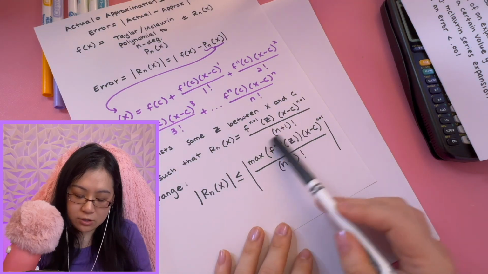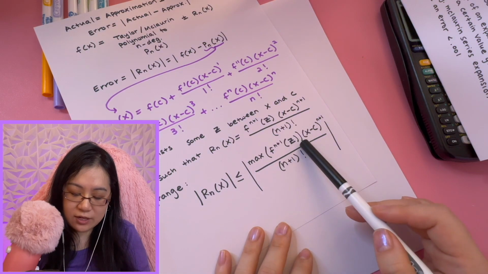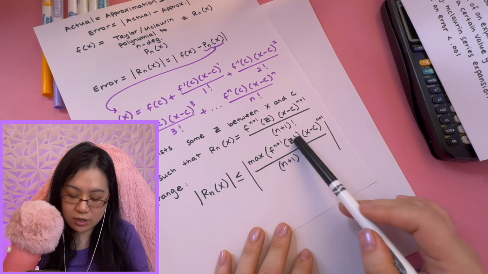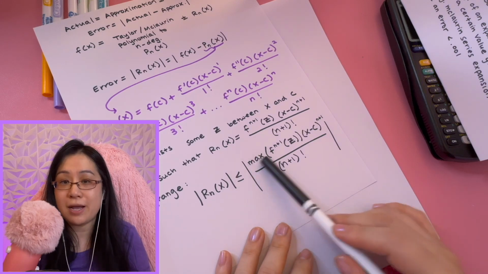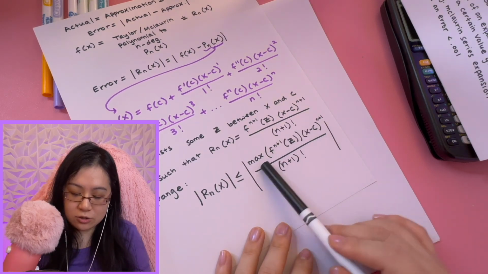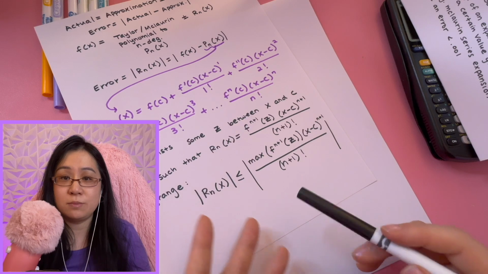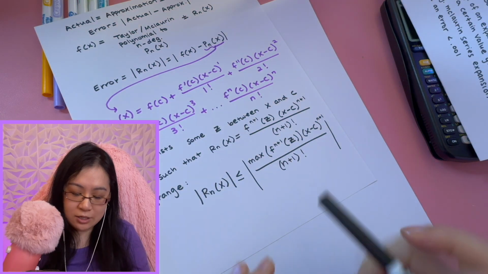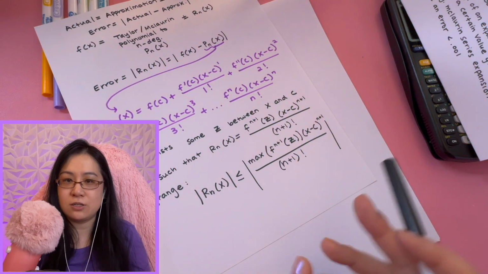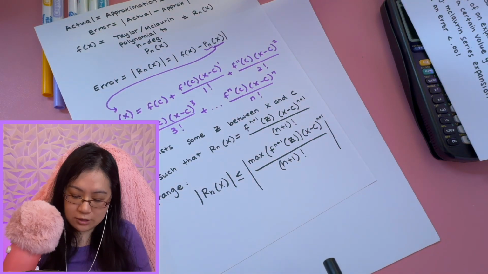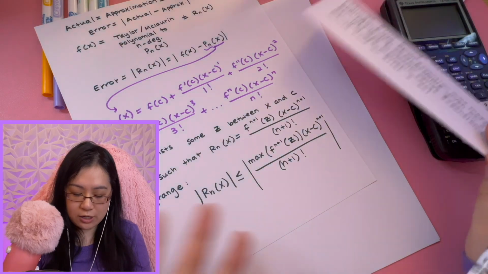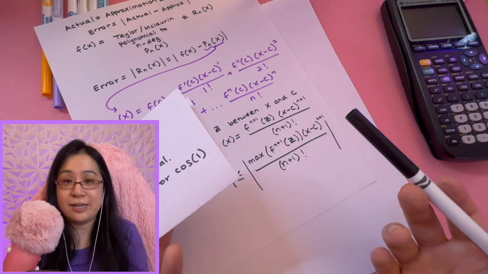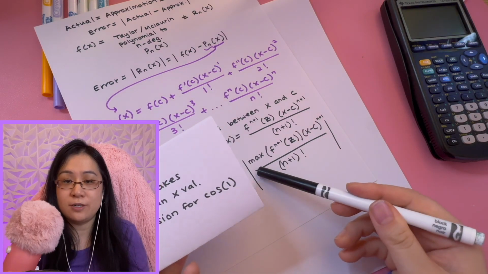So here, we don't actually need to find any particular value of this n plus first derivative. We just need to find the maximum possible value. And it actually oftentimes simplifies a lot, especially when you're doing problems, because for instance, even for cosine, without working it out, cosine is bounded just naturally by -1 and 1.